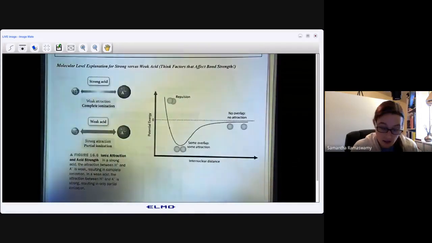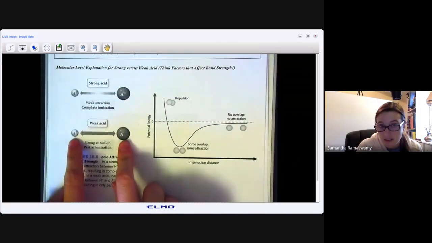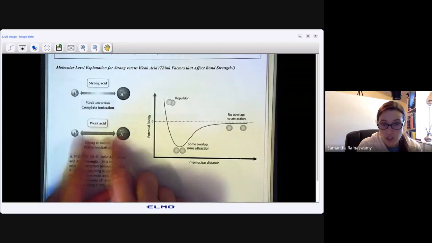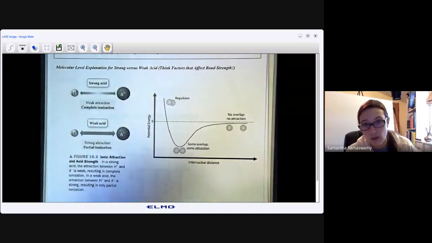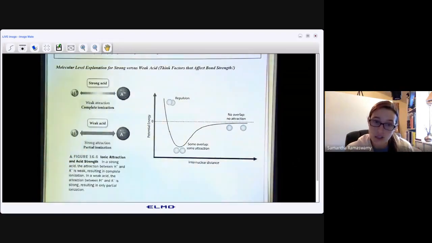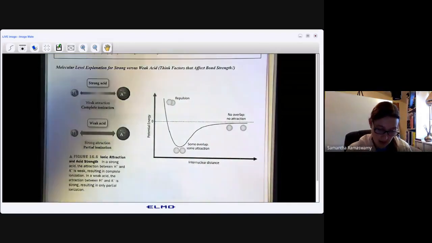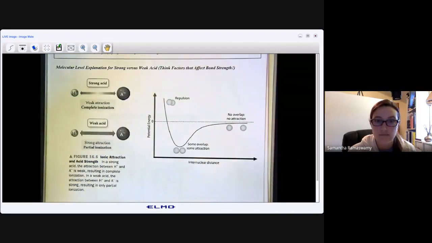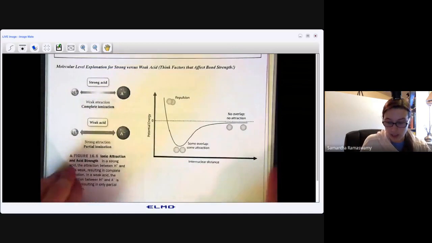In a weak acid, the attraction between the H plus and whatever the conjugate base is is really strong, which is why it only partially ionizes. So the strength between the ions can help us figure out if it's a strong or weak acid. That's just thinking about it at the molecular level.